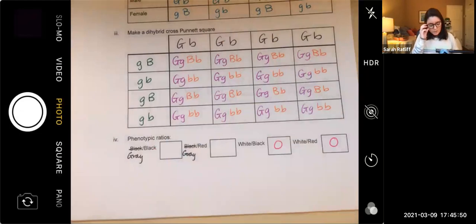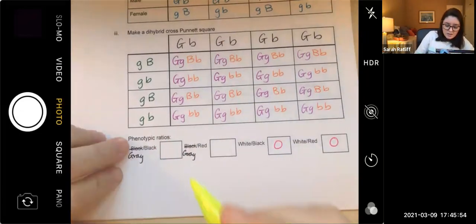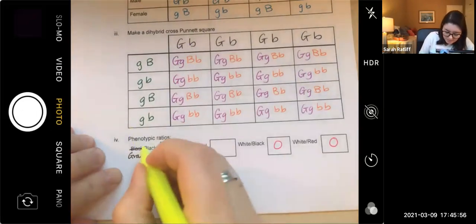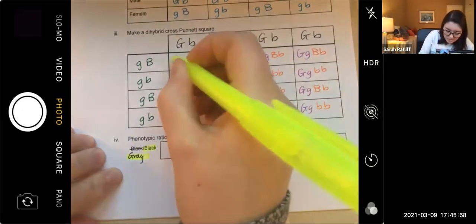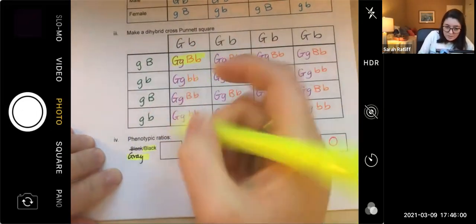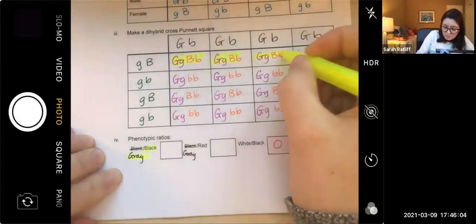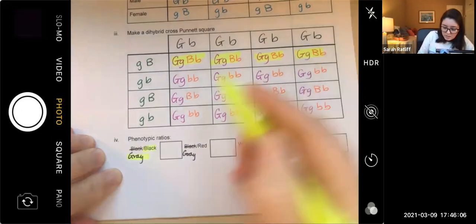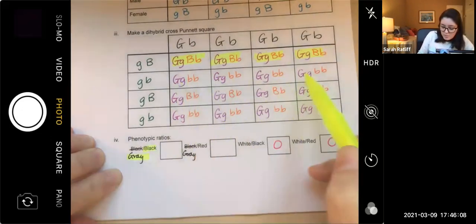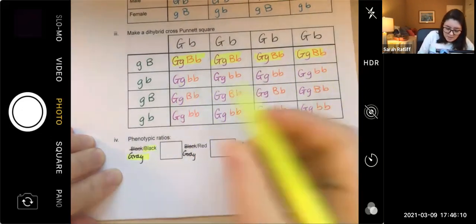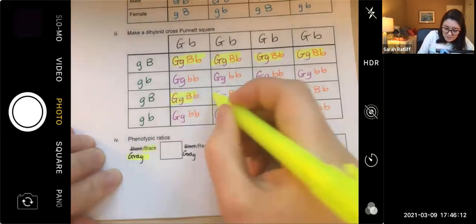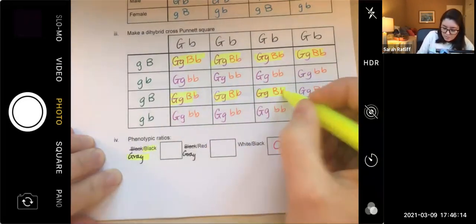So wherever we're going to see at least one big G and at least one big B, I'll make this yellow. Going across, there's at least one big G and one big B. Here we have all little b's, so none of them will be black-eyed. And this one also has at least one big G and one big B.